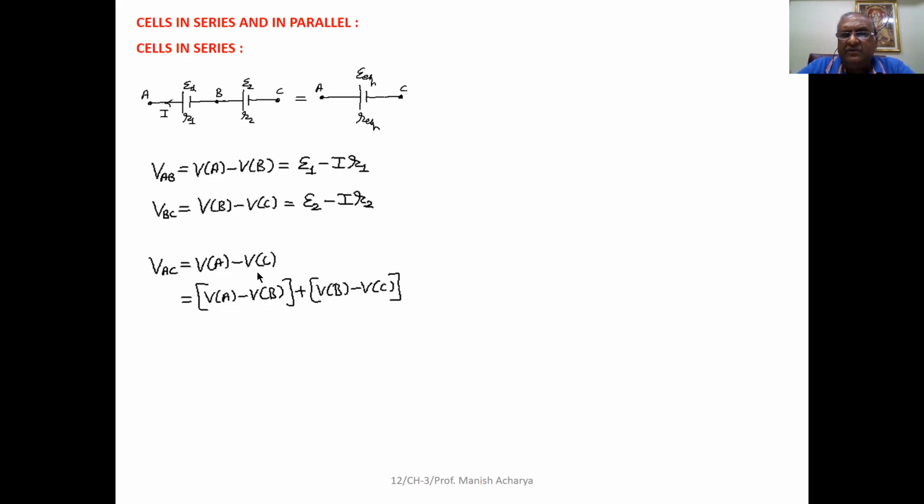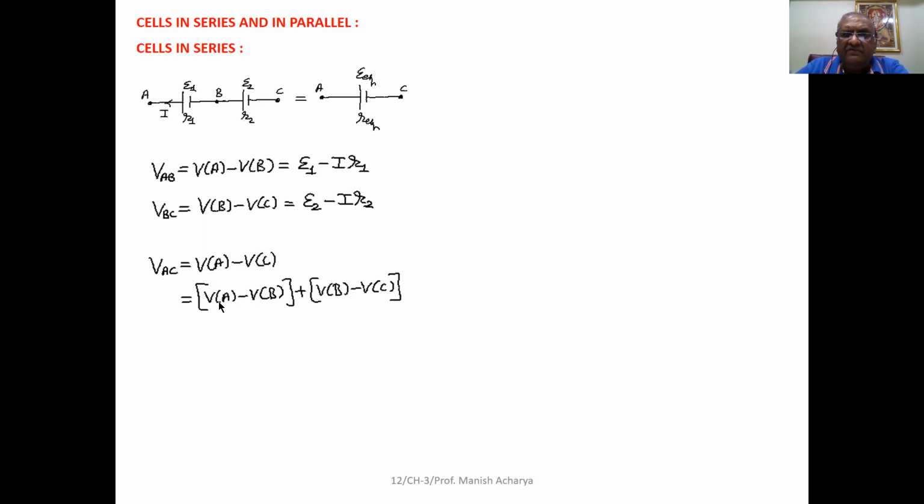Now here in this equation, add the potential at B, VB, and subtract VB. So we can rewrite this equation as VA minus VB plus VB minus VC. This VB cancels out in this equation.